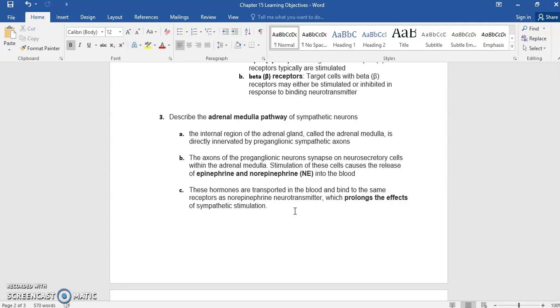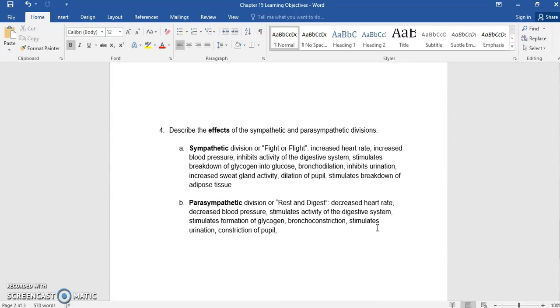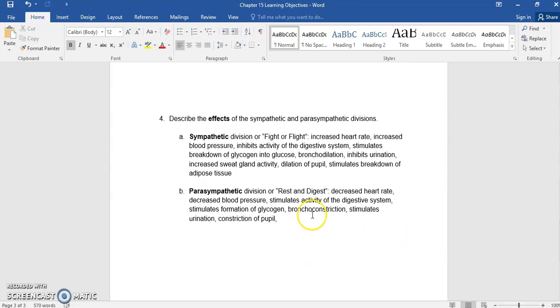Okay, so that is the adrenal medulla pathway that's linked with our sympathetic postganglionic motor neurons, and how that works in the body. And then the last thing that we'll talk about is the effects. So we mentioned this a little bit ago, the sympathetic division or fight or flight.